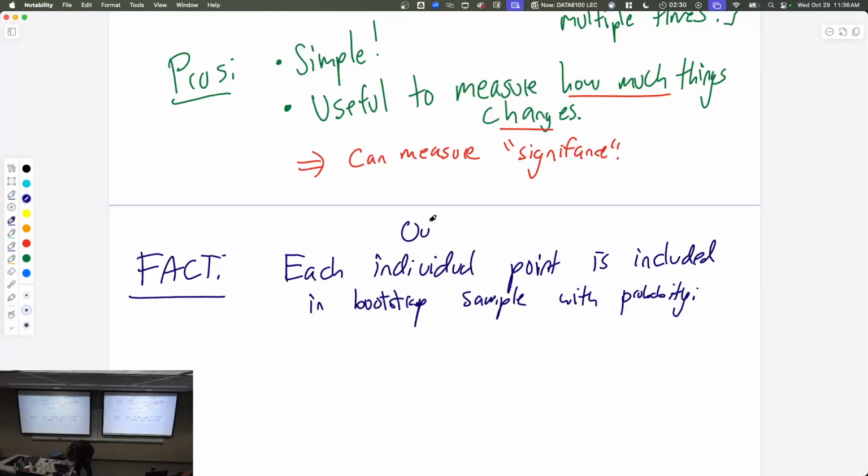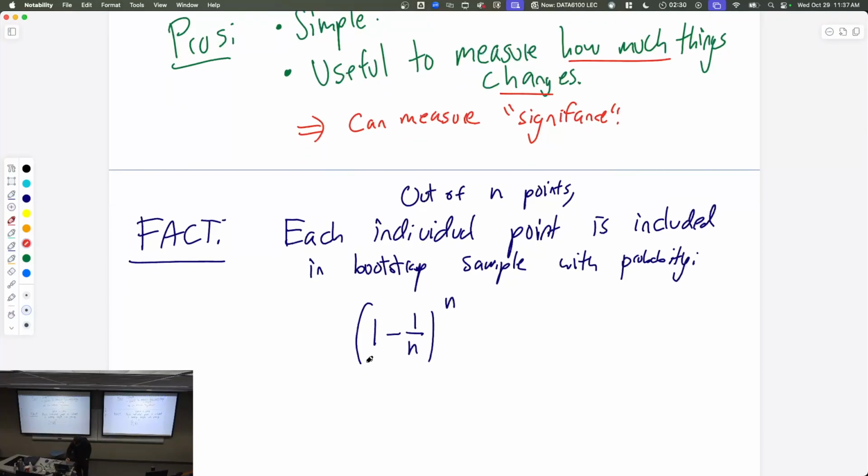Out of n points, the probability was 1 minus 1 over n, that was the chance that in any individual sample you don't include the point, to the power n. So there's n chances. This is the probability of the point not being included in one sample.